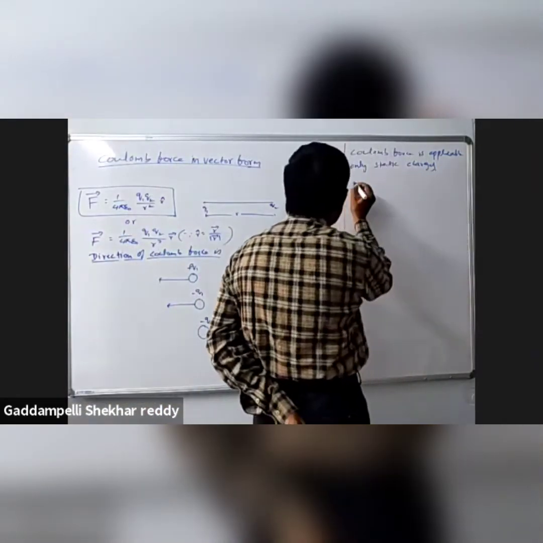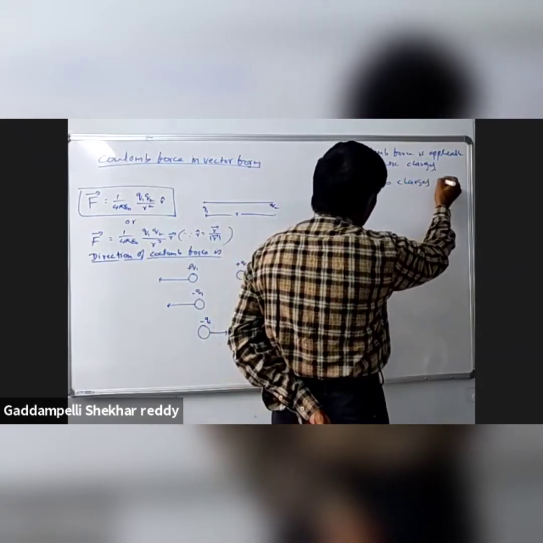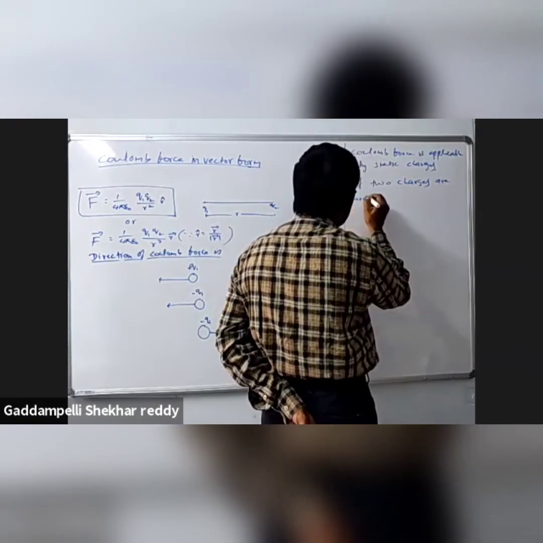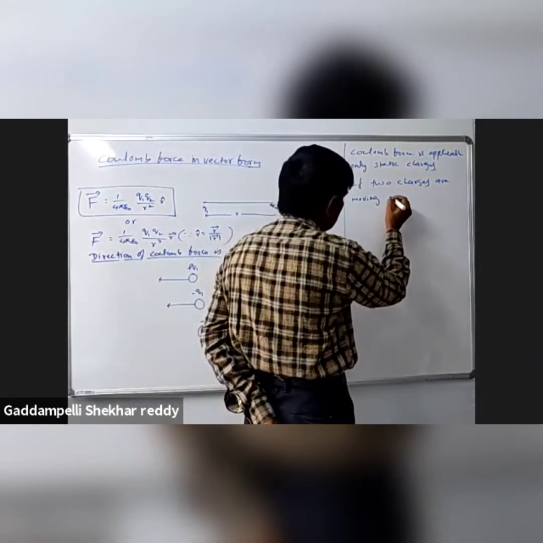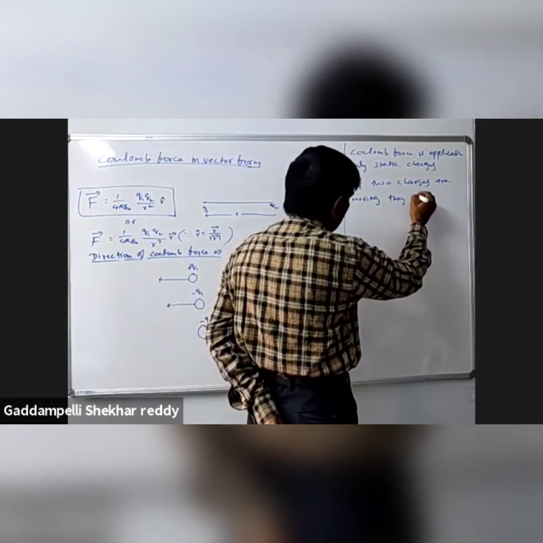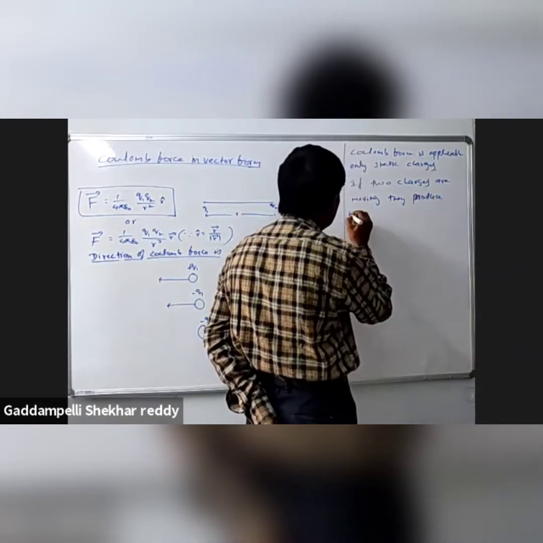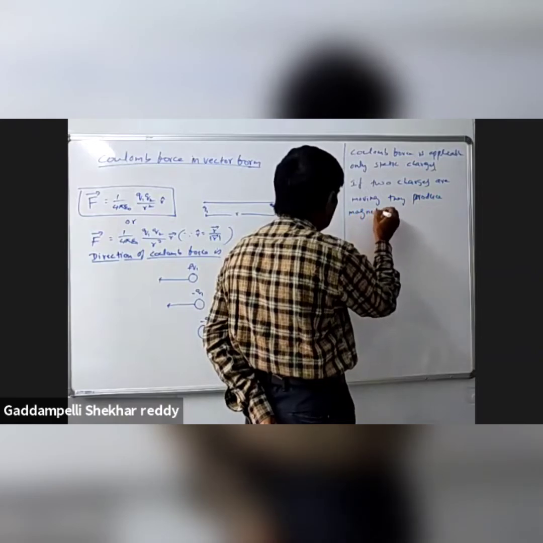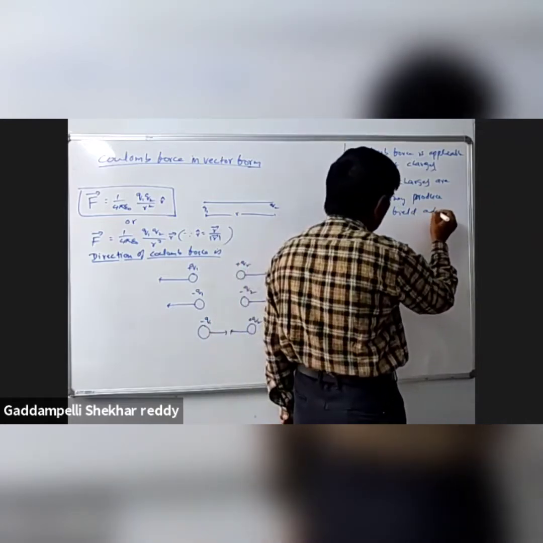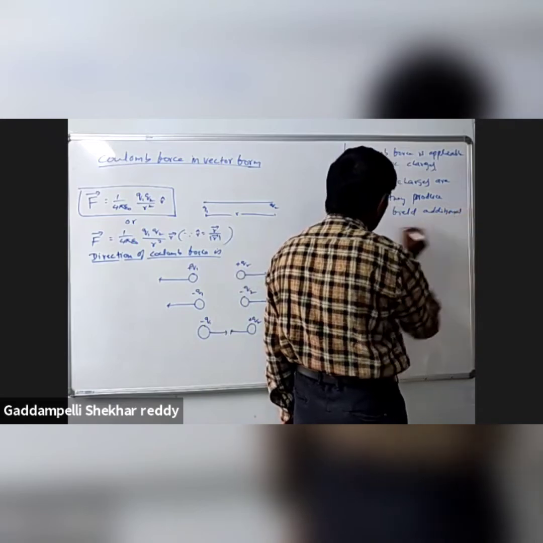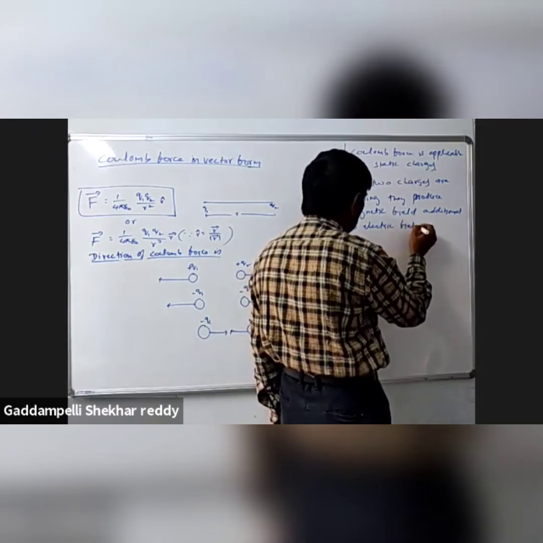Suppose two charges are moving, they produce a magnetic field in addition to the electric field.